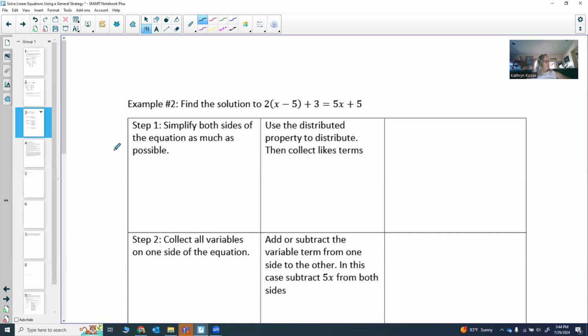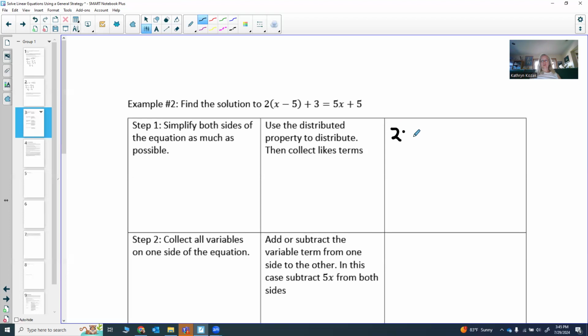Example number 2. Find the solution to 2 times (x minus 5) plus 3 equals 5x plus 5. Step 1 is to first simplify both sides of the equation as much as possible. This may mean using the distributive property to distribute, then collecting like terms.